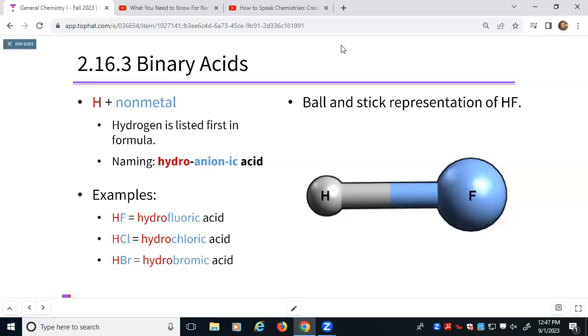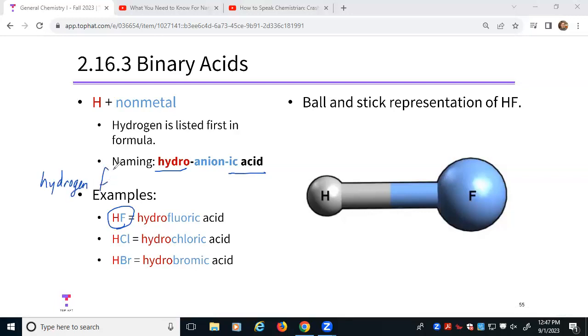Hydrogen is listed first. The formula is hydro in front, the anion in the middle, and ic acid at the end. So basically, if we were looking at HF as an ionic compound, we would call it hydrogen fluoride.